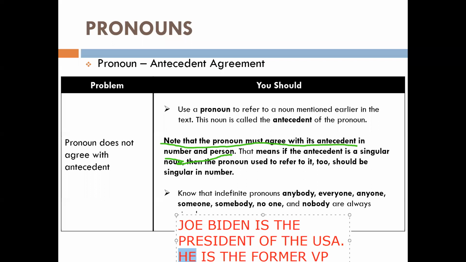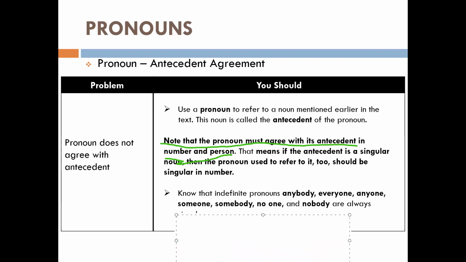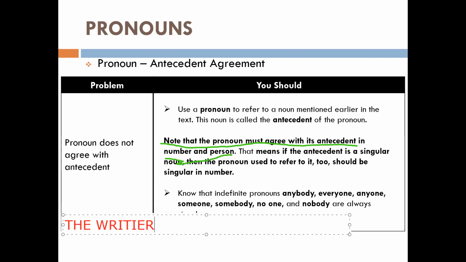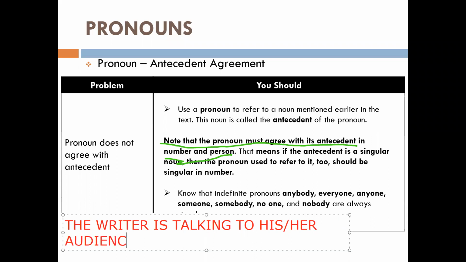Now, the problem here becomes great if we don't know the gender of the person. Tulad ng mga tinatawag natin mga general subject. Halimbawa, the writer talks to his, or the writer is talking to his/her audience.